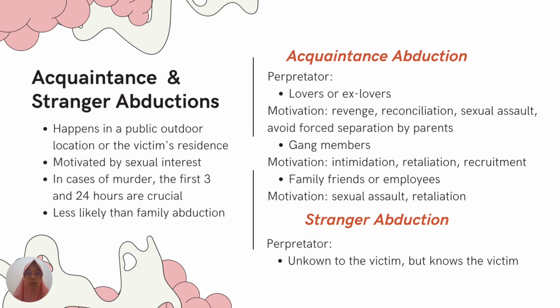Or it could be an attempt to persuade the victim to reconcile with the perpetrator, or due to the desire to commit sexual assault, or to avoid forced separation by parents, especially if the parents don't give permission for the two to be in a relationship together.